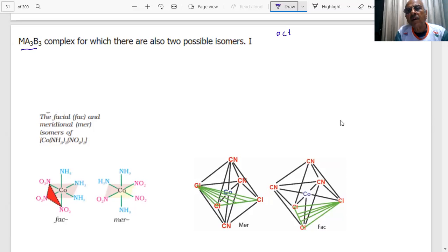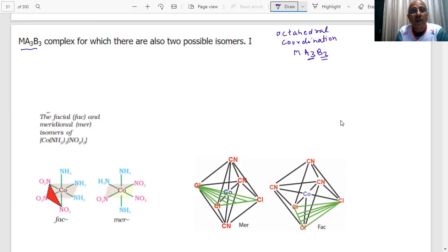In octahedral complexes, octahedral coordination compounds, students, we have such compounds of the type Ma3b3. These have 3 same groups of one donor ligand and 3 of the other, and they show a special type of geometrical isomerism, called facial and meridional isomers.